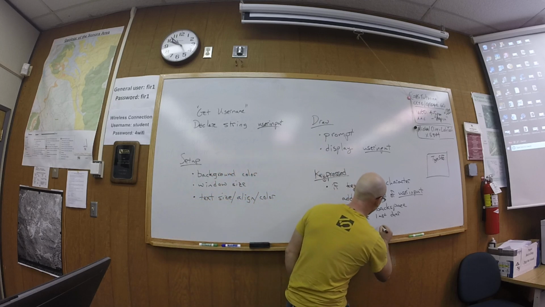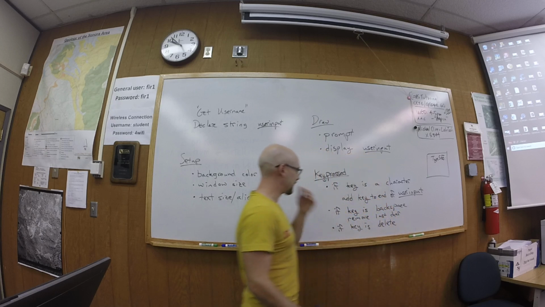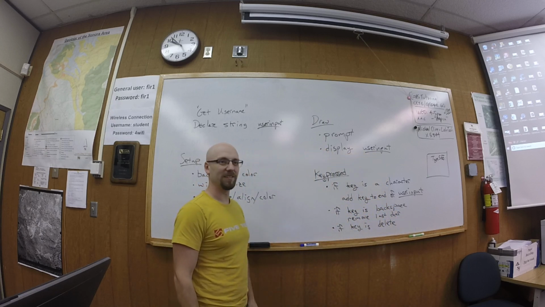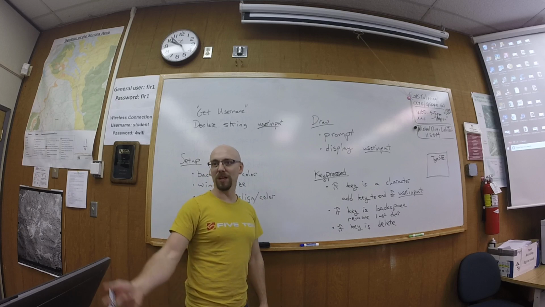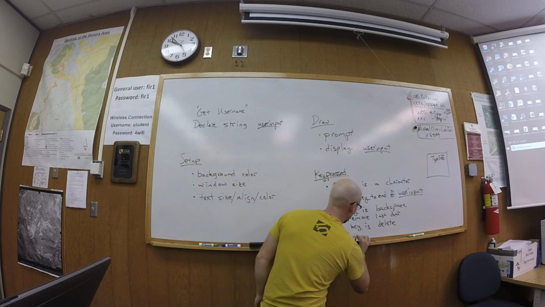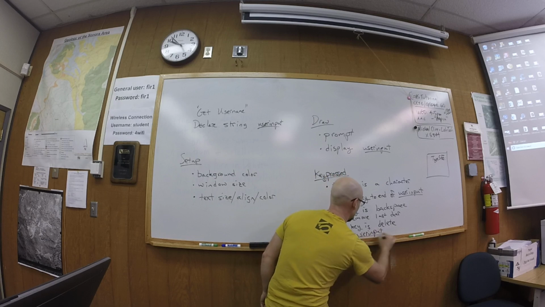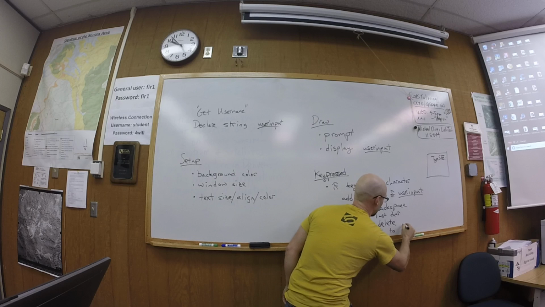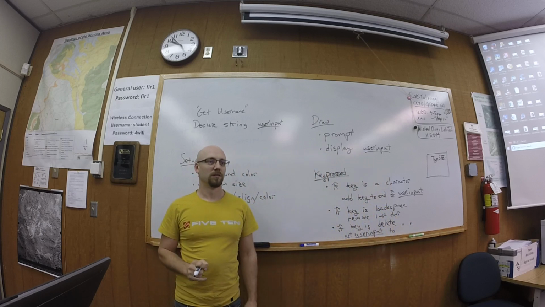So if the key is delete, how do we get rid of the whole thing? Delete the entire string. Yeah, just replace what you've got with nothing, right? So that'd be: set user input to empty.